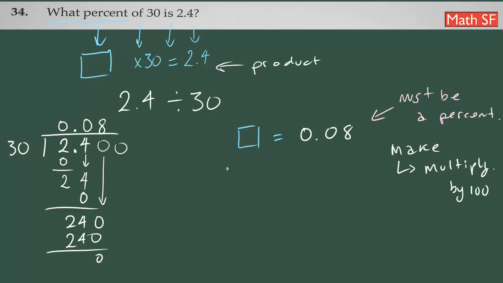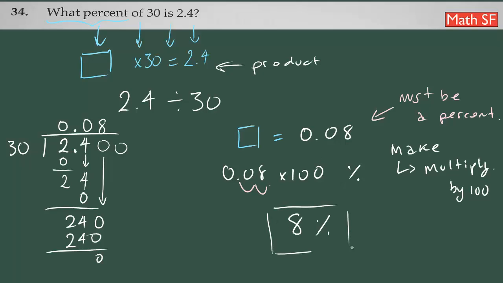Therefore 0.08 times 100%, right? So 0.08 times 100. Any method that you want, you do it by hand, you do the shortcut however you like. So in this case I'm going to apply the shortcut, move two spaces to the right, and that becomes 8%. And that's our final answer.